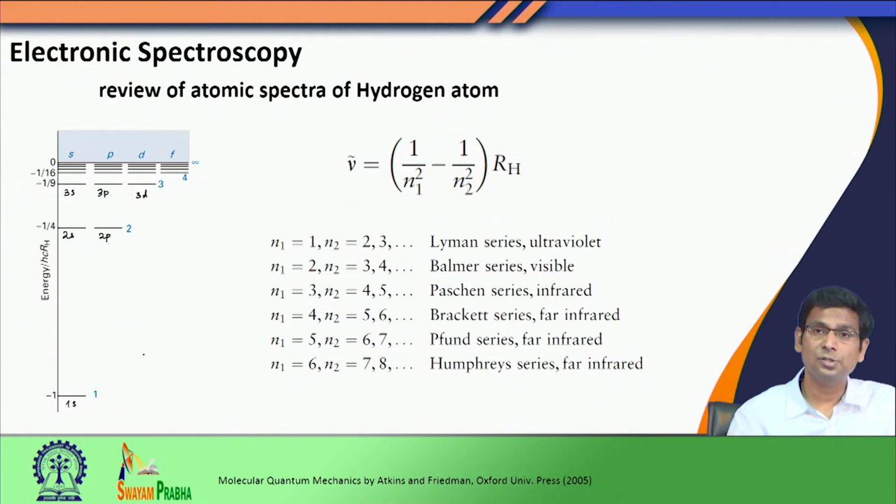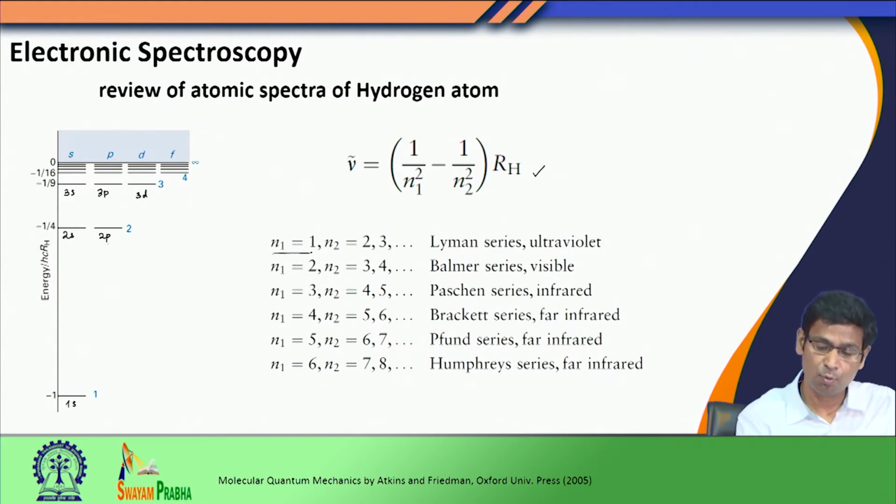Looking at these energy levels, we could explain the emission spectrum of the hydrogen atom, which was a major problem that gave rise to the birth of quantum mechanics. The general expression of these emission lines is given by Rydberg's formula, where RH is the Rydberg constant and N1 and N2 are the two energy quantum numbers from where the emission starts and to where it goes.